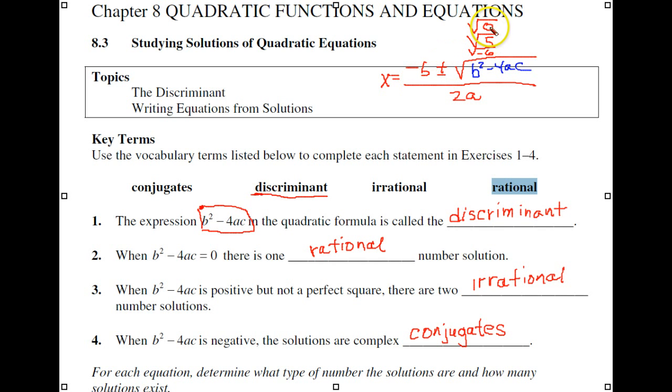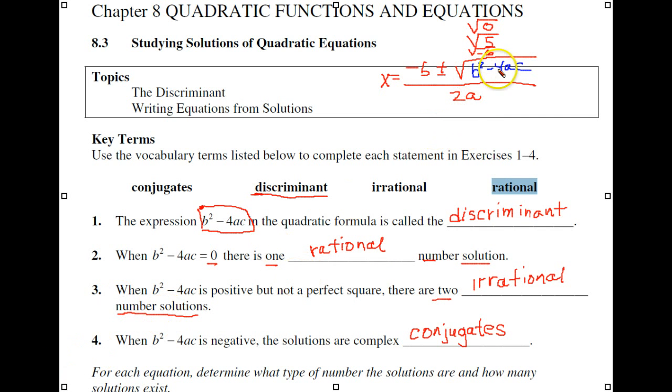If it's 0, as is indicated here, there's only going to be one rational number solution. If it is irrational under there, we're going to have 2 irrational number solutions.